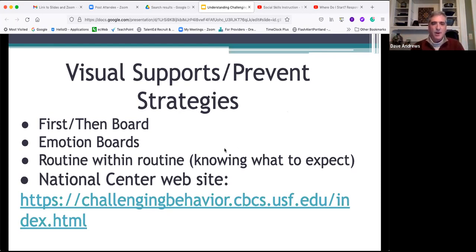sometimes. And then also we're going to get into a little bit about routine within routine. So that means that there's a routine that happens. Let's say it's that circle time that you just saw. Or let's say it's going to the store. So going to the store is a routine, but within that routine, what's going to happen at the store? Well, first we're going to get in the car.